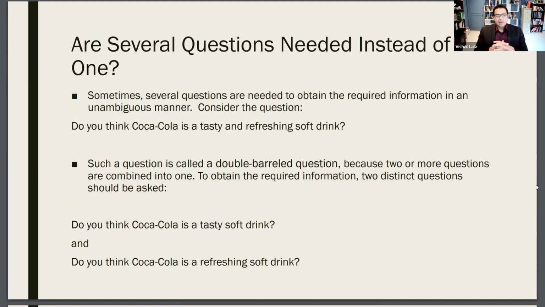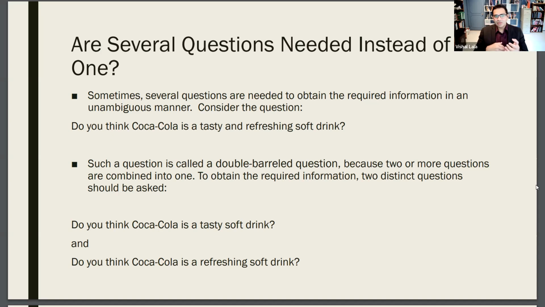Here's another example. There are times when you might have a double-barreled question such as, do you think Coca-Cola is a tasty and refreshing soft drink? It's called a double-barreled question because the question, in a sense, is asking about whether Coke is tasty and refreshing at the same time. While there's a good chance they're correlated, what if they're not?